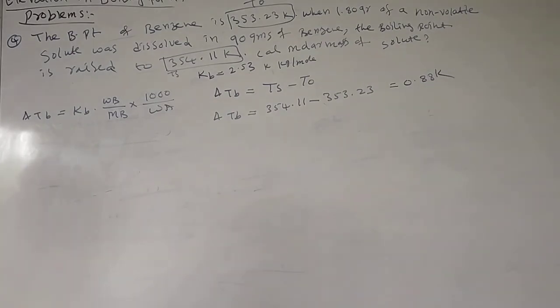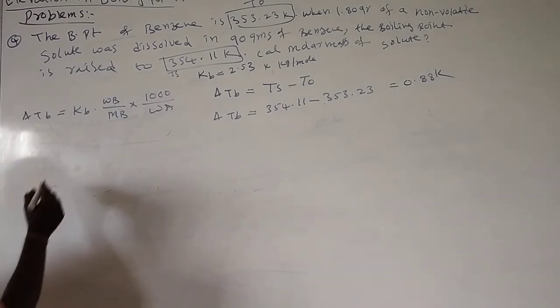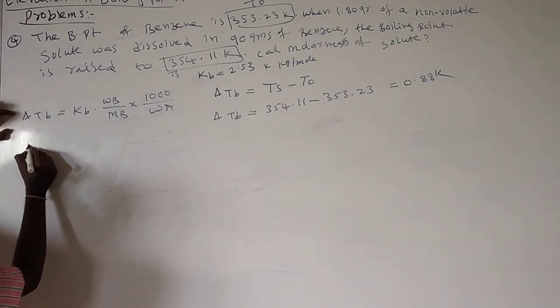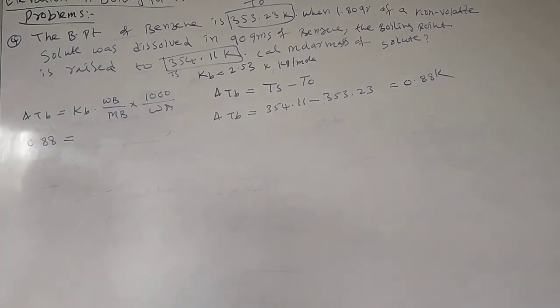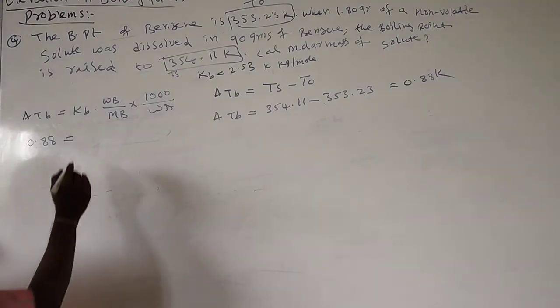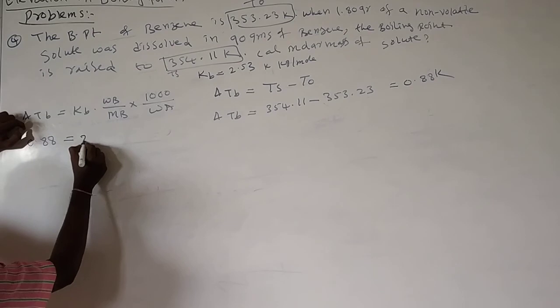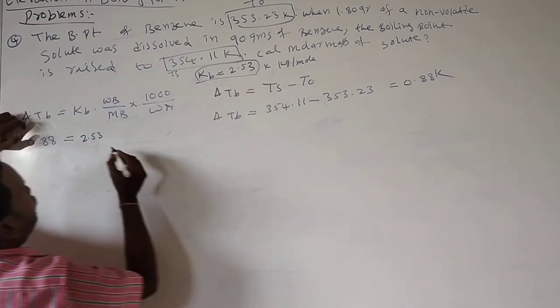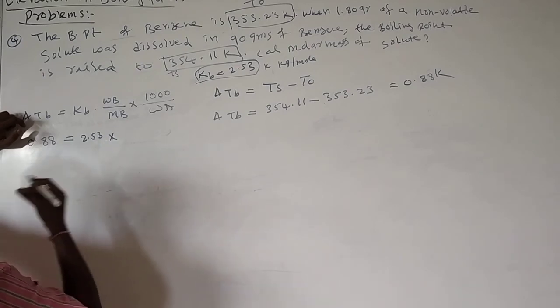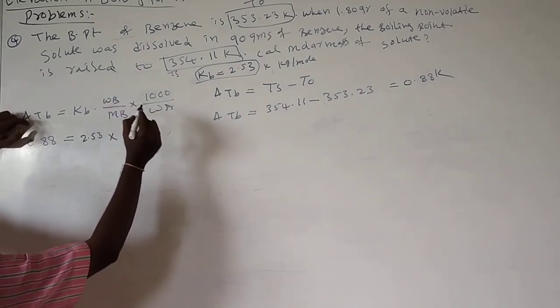Next. ΔTb is equal to 0.88 Kelvin. Kb is 2.53.